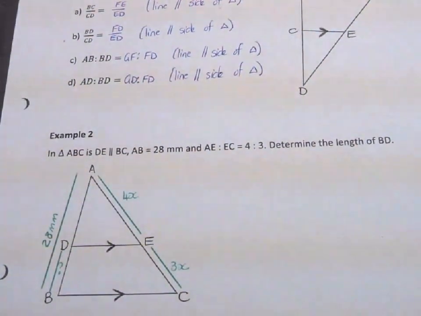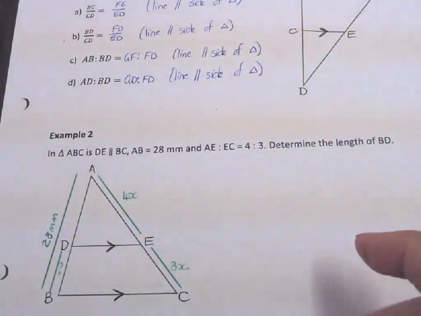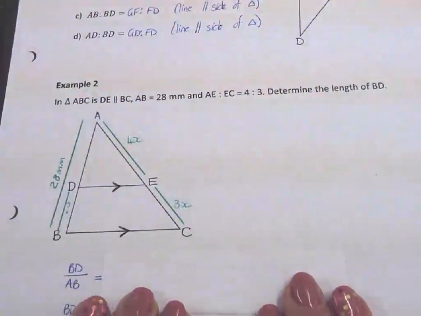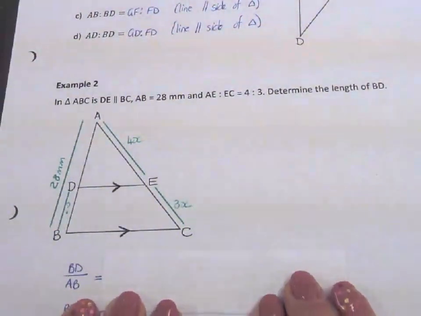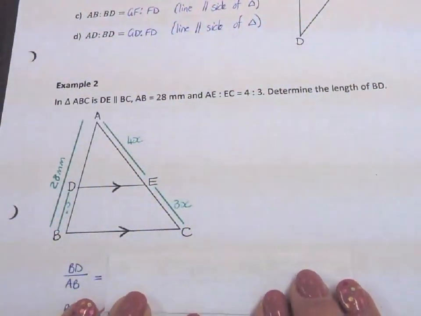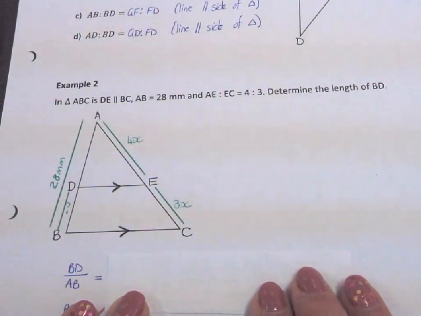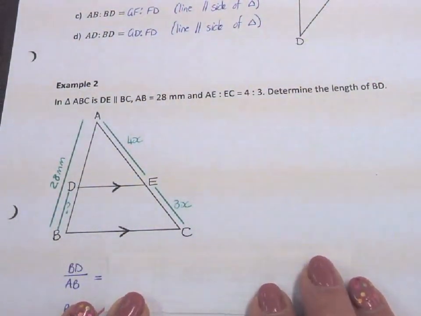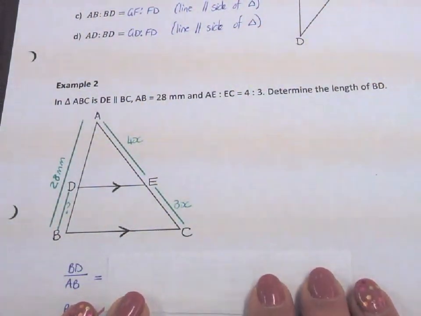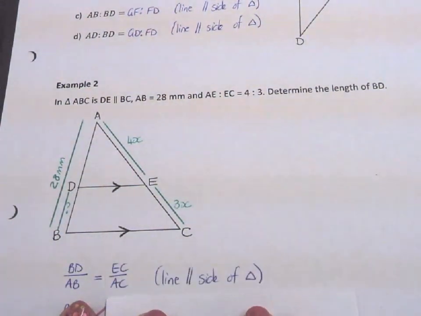BD over AB will be equal to what? EC over AC, and the reason is line parallel to one side of the triangle.